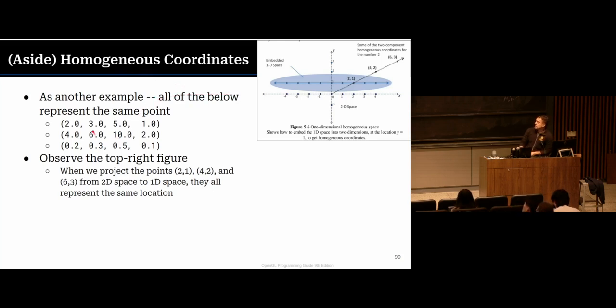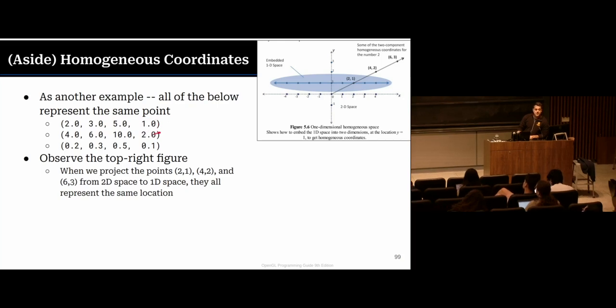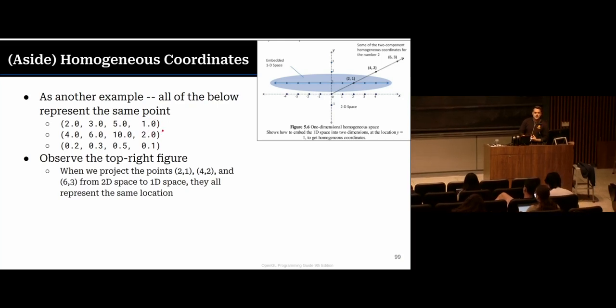Just to, again, what is this W? I threw out this other term, perspective divide, which I'm guessing is new for anybody who hasn't taken graphics. But if I have this point 2, 3, 5, and I divide them all by 1, 2 divided by 1 is 2, 3 divided by 1 is 3, 5 divided by 1 is 5.